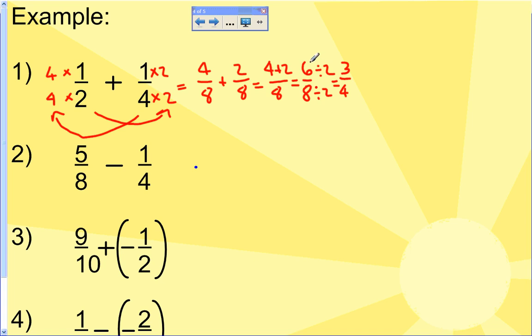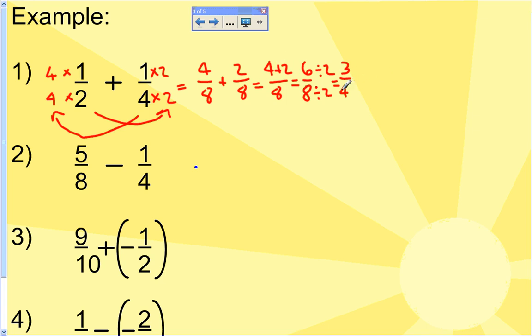The last one, it already came out simplified. But if you can't find the least common denominator, just take this denominator and multiply top and bottom of the other fraction by it. Take this denominator and multiply top and bottom of this fraction by it. And you will always end up with the right answer as long as you simplify down.